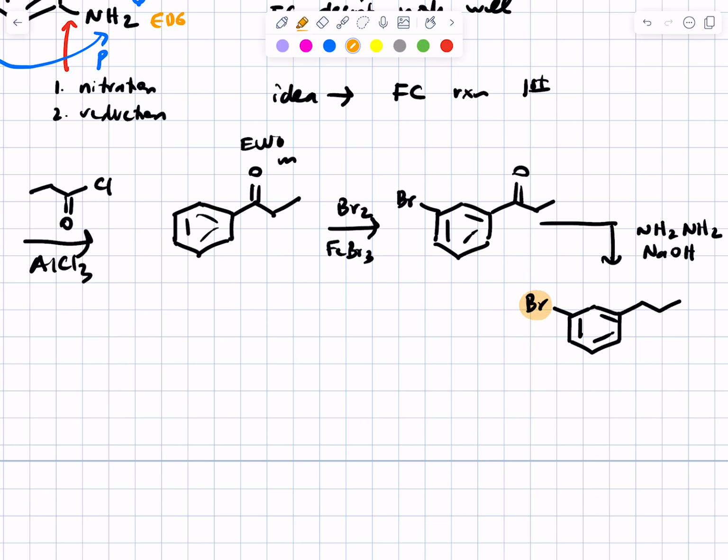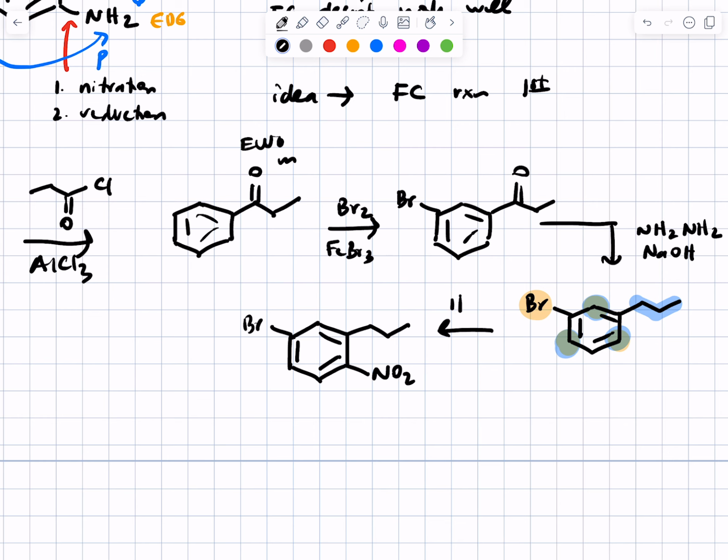Now we're in a great situation because bromo favors ortho and para substitution, but so does the alkyl group. Their preferences reinforce each other. I'm only going to draw the desired product, which is the one where the nitro group happens here.